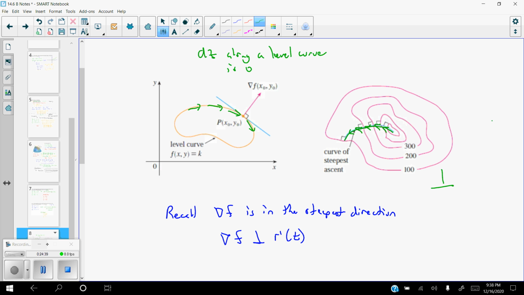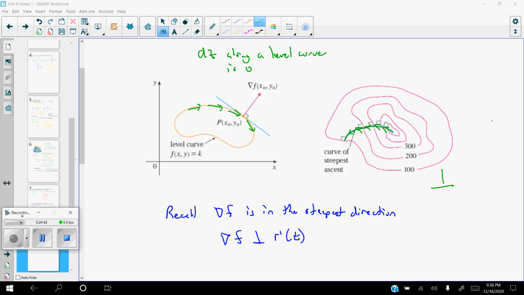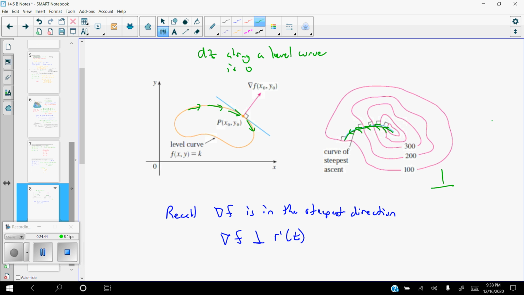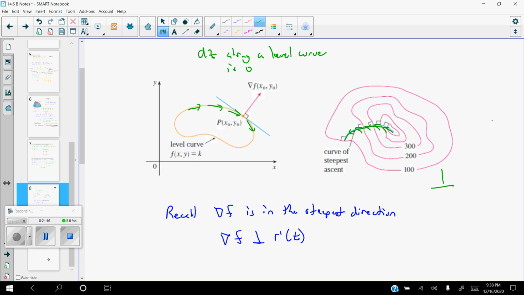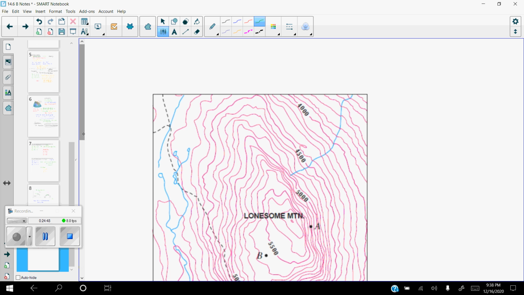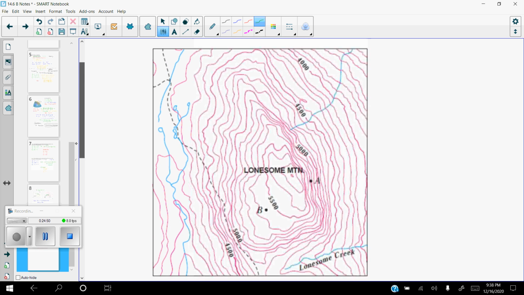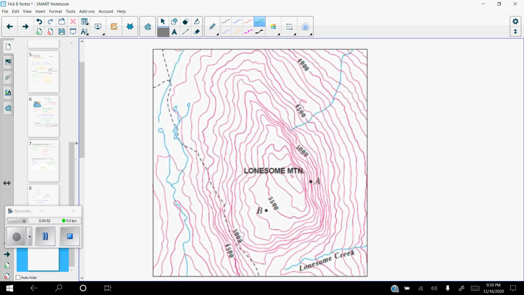And if you look at, oh, was that the last page? Oh no, I've got one more. If you look at this last page, this is an actual contour map of something called the Lonesome Mountain. I don't actually know where that is, but you can see the water's path.